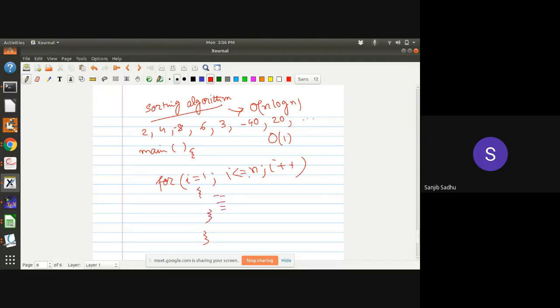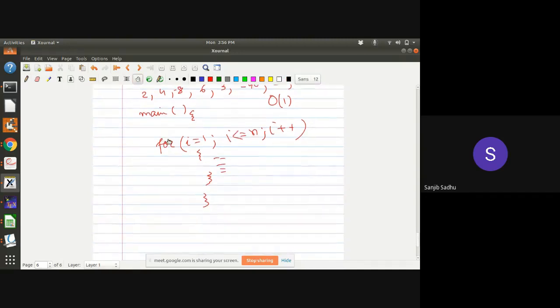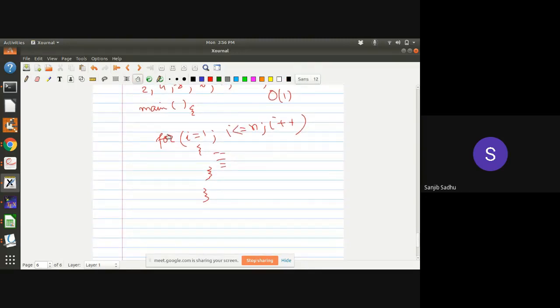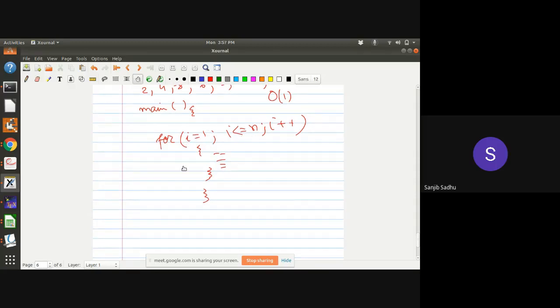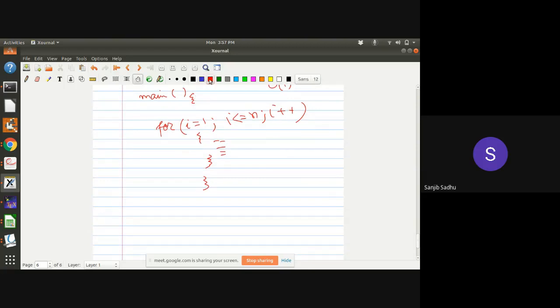There is merge sort or whatever sorting algorithm you have written. It is like this, big O of n. Now he is saying that okay, I will not write like this. Instead of writing for i equal to 1 to n, I can break this loop into n times like this. This portion, suppose this is a statement s1, s2, for example I am saying s3. These are the three statements.